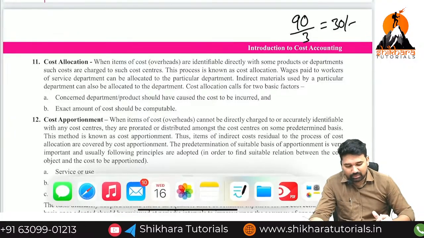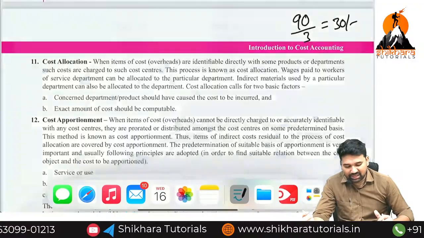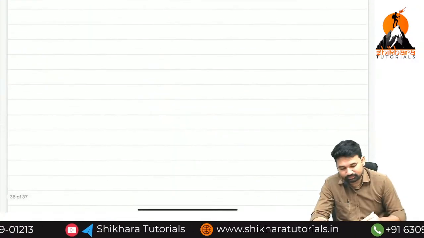Sir, what is the major difference between cost allocation and cost apportionment? Listen carefully.